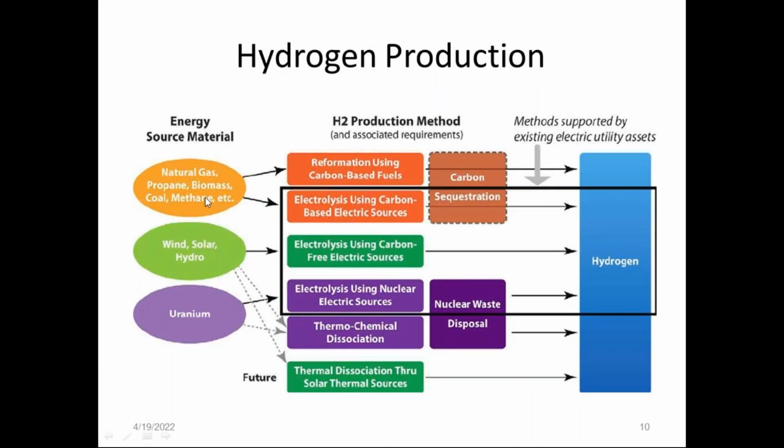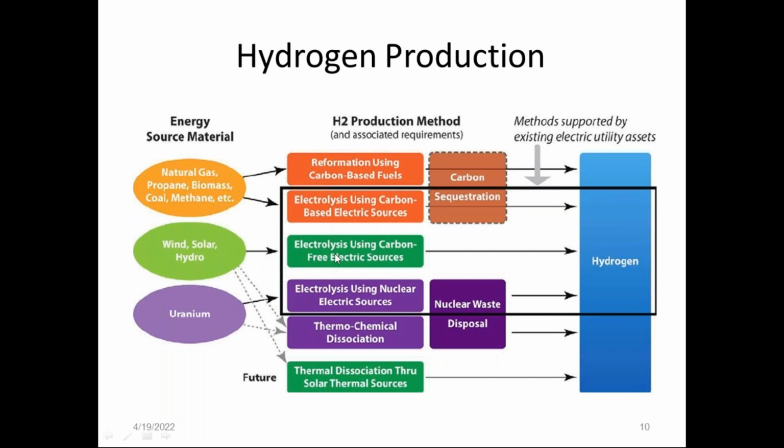The energy source materials for hydrogen production are listed here, including natural gas, propane, biomass, etc. If natural gas or propane is used, this involves some associated requirements, such as reformation using carbon-based fuels, and electrolysis using electric sources.